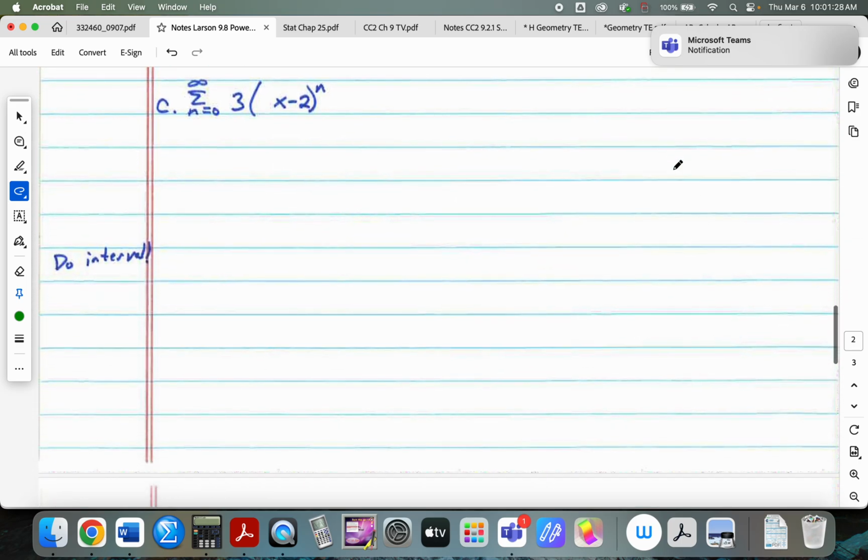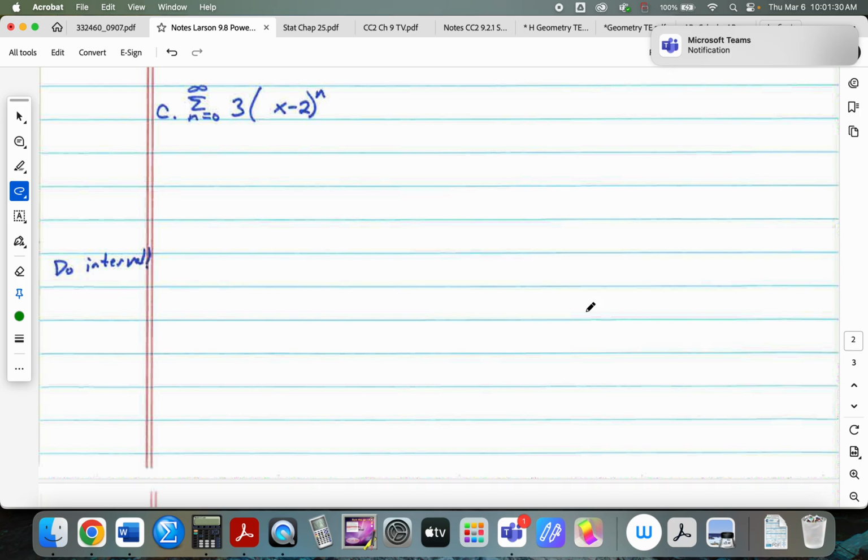And here's one that's more interesting. One where the radius of convergence is not either 0 or infinity. So you can use the root test on this. I'm going to use the ratio test just because you can use the ratio test pretty much on everything. But you could use the root test, but it ends up the same way.